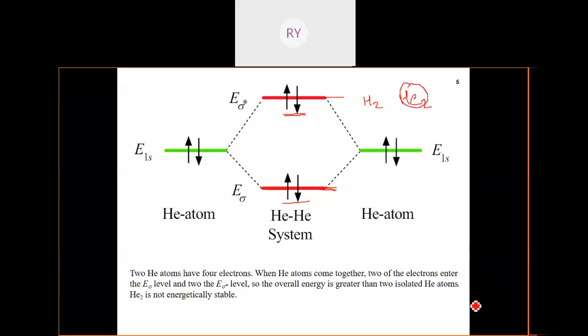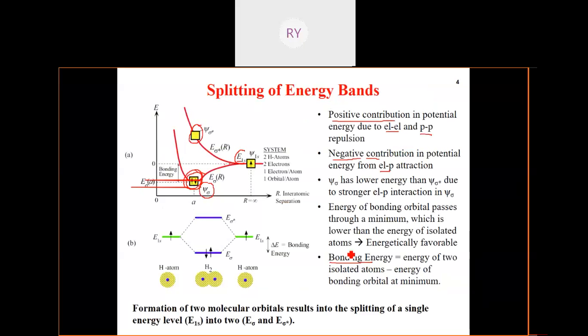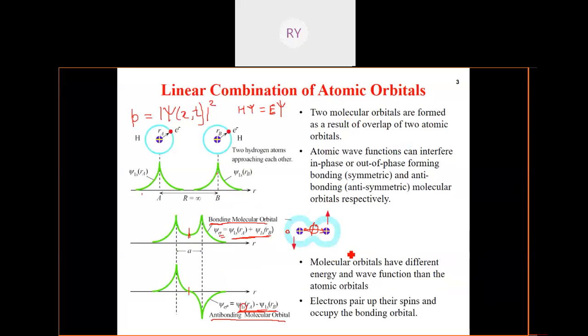Sir, in the bonding diagram, with the bonding and anti-bonding molecular orbitals, you use the terms in phase and out of phase. The physical sense of out of phase is that both the electron clouds are simultaneously moving apart from each other. Then only the probability can be zero at that point. So if the electrons are moving out of phase, then the probability is zero.